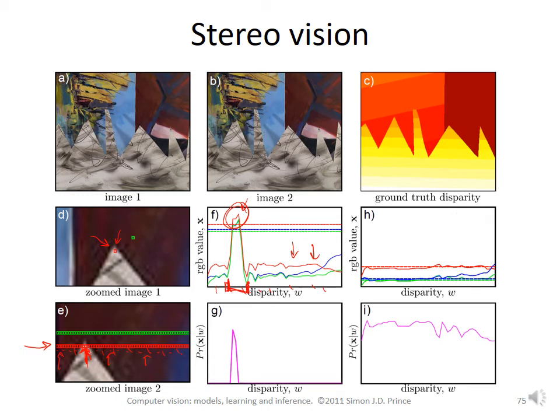Now, if we look at a different pixel, this green one here, marked with the green square, it's actually some shade of purple, and when we go looking for it on its respective scan line in image 2, we see that things are a little more complicated. It seems to be a good match for disparities that are negative or quite positive or disparities of 0.